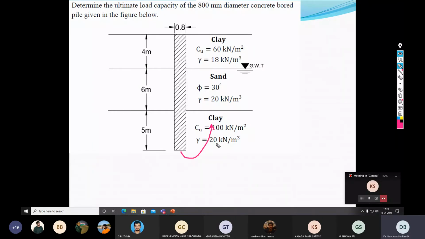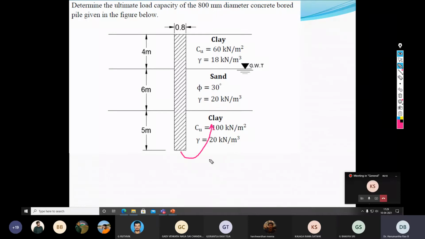So the clay can still take a certain amount of end bearing, which may not be equivalent to the case where the tip is directly resting on rock. Definitely, no doubt, the end bearing when the pile tip is resting in clay might be substantially lower than the case where the pile tip is resting on hard strata.